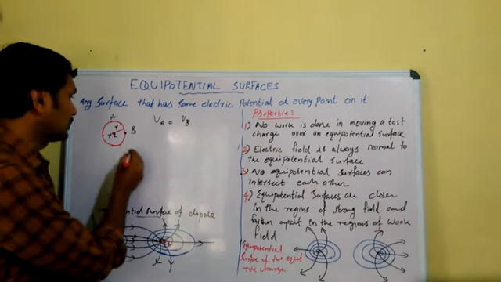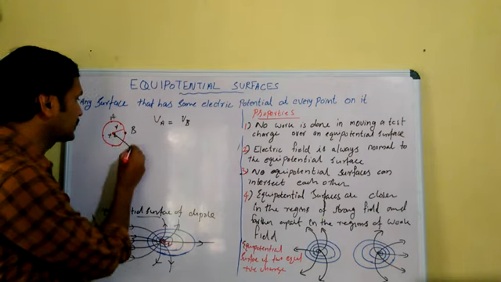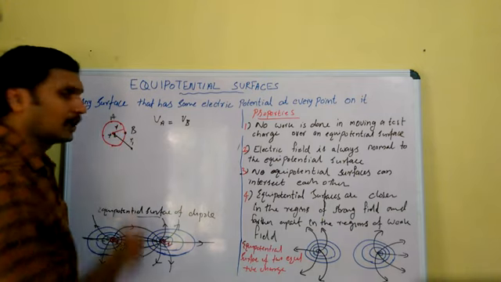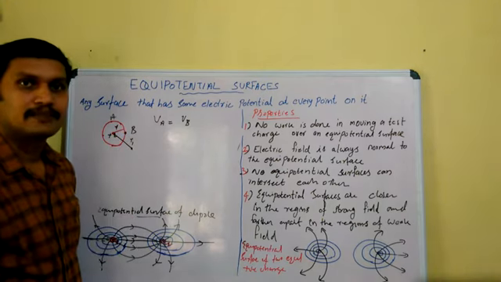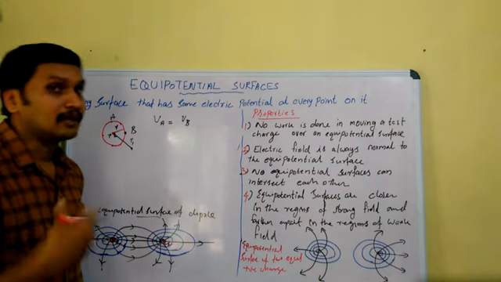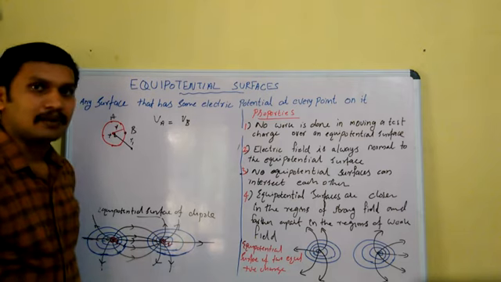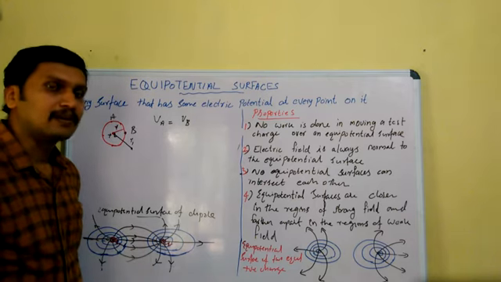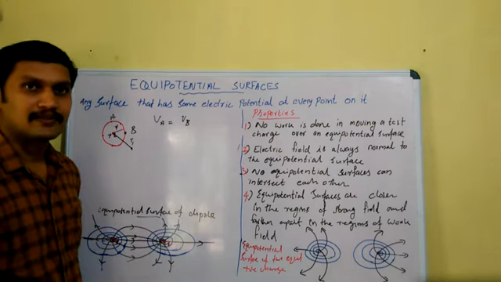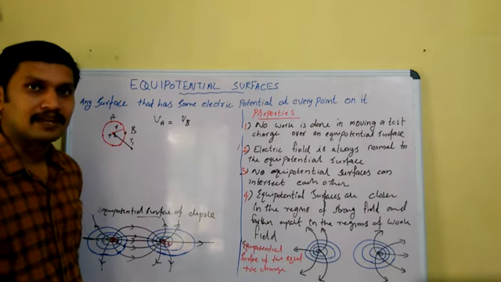Suppose we collect all points which are at a distance r1 away from the point charge. Again, we get an equipotential surface, of radius r1. Like this, we can draw many equipotential surfaces for the same charge.